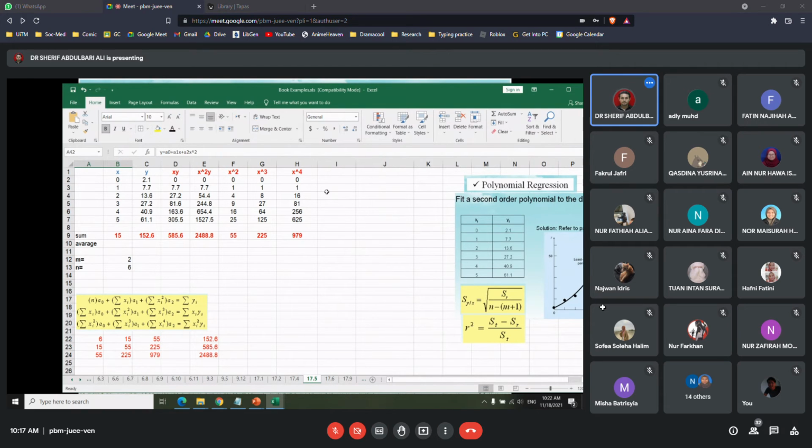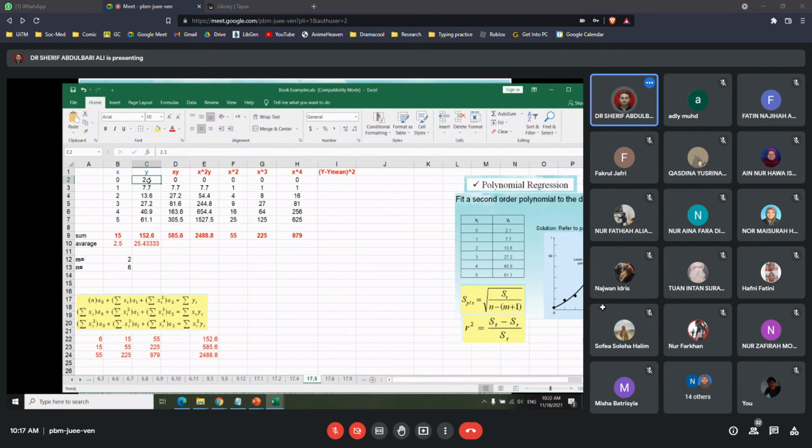St is equal to the sum of the square of the residual around the mean. The equation is y minus y mean, squared. This is st. So it's 2.1 minus the average. So I need to find the average of x and y here.